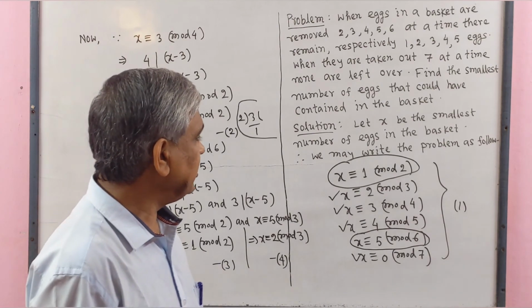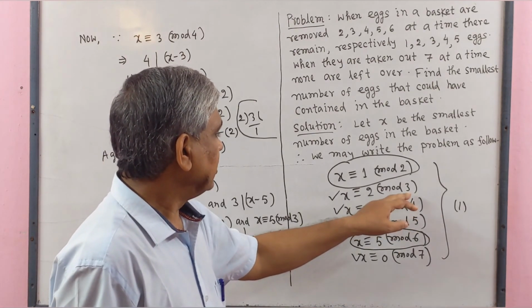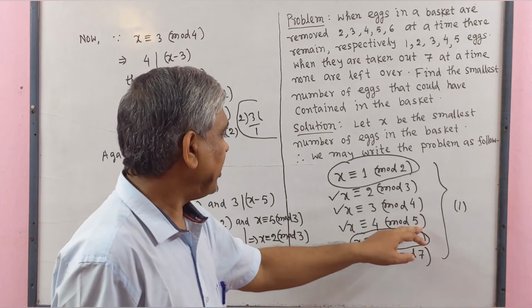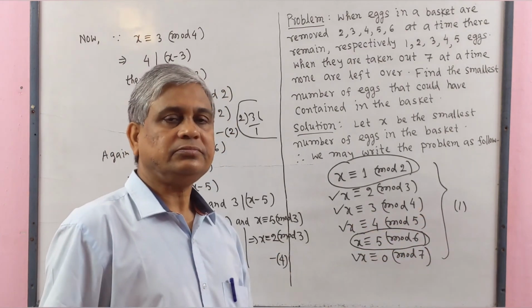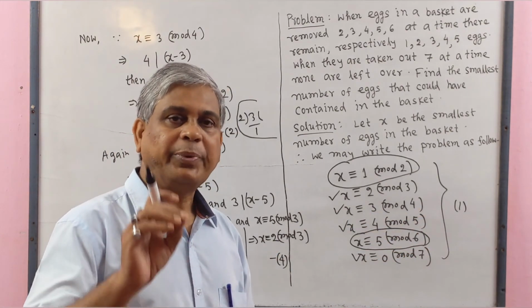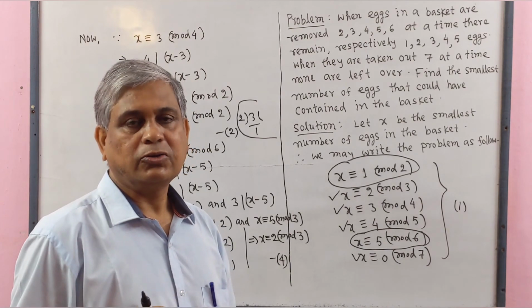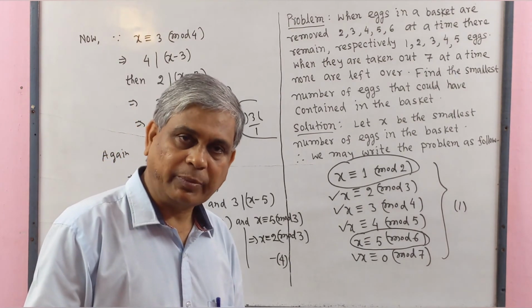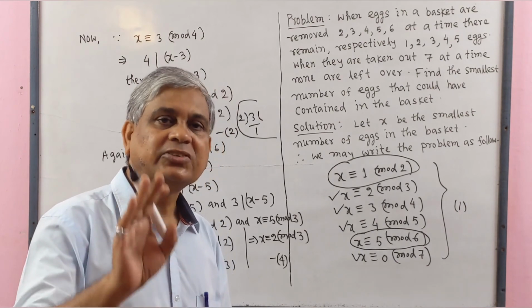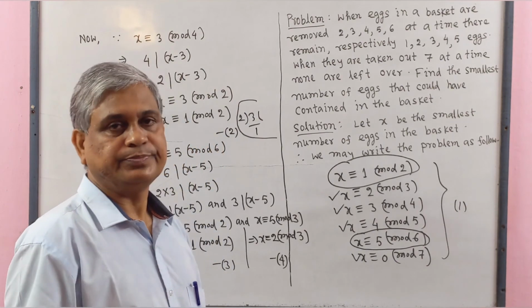In this case, we see that here 3, 4, 5, 7 are pairwise relatively prime integers. So we may solve this problem with the help of Chinese remainder theorem.